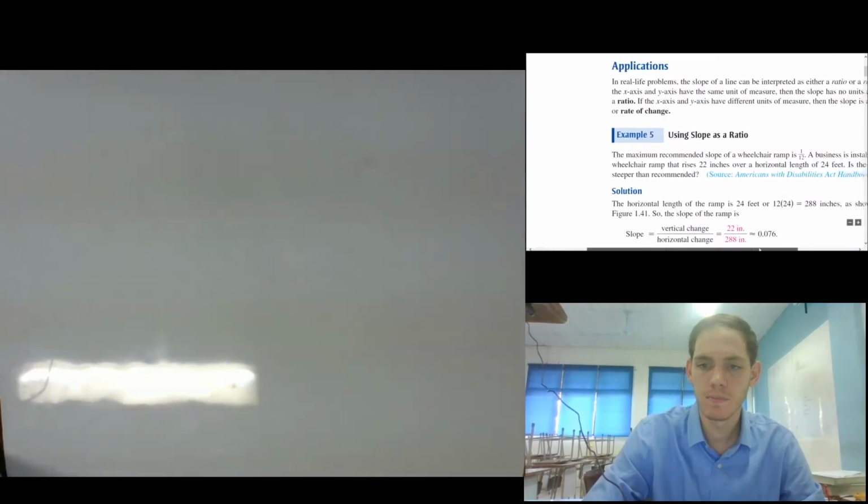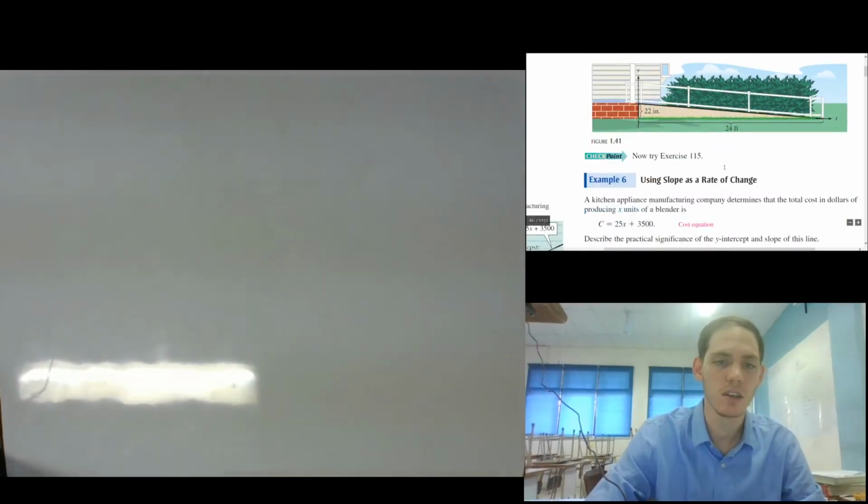Okay? The application is essentially, let's look at 5. Finding the slope. They give us feet and they give us inches. So the first thing we need to do is keep the units the same. So the 24 feet we need to turn into 288 inches. Slope is vertical change over horizontal.